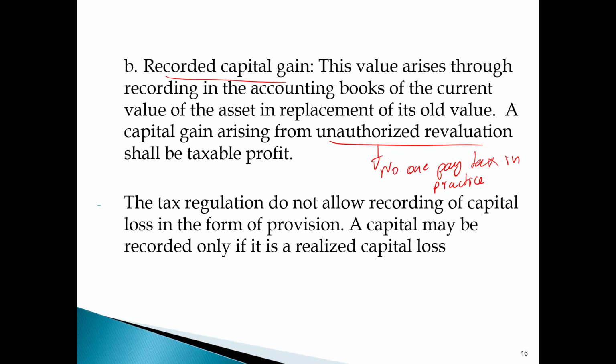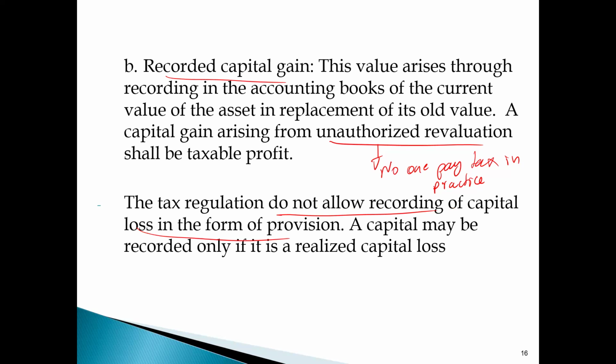Tax regulation does not allow recording of capital loss in the form of provisions. This is where we do impairment, right? If you record an impairment, it means you record a loss on maybe the asset, and it is not deductible. When you do impairment of the asset, it is non-deductible because they do not allow you to record a loss.